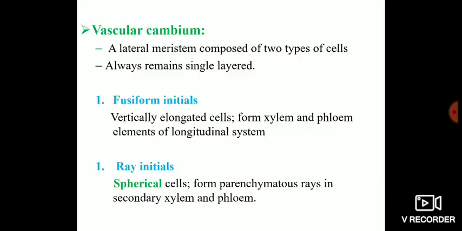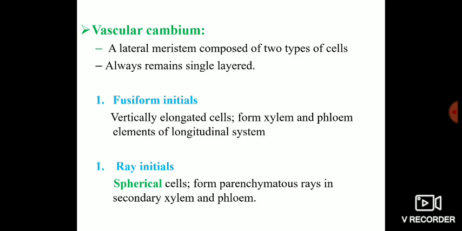The next step is what are the different types of vascular cambium. Vascular cambium is a lateral meristem composed of two types of cells, and this vascular cambium always remains single layered. याद रखना, it always remains single layered. The two types of cells in vascular cambium are, the first one is fusiform initials and second one is ray initials.